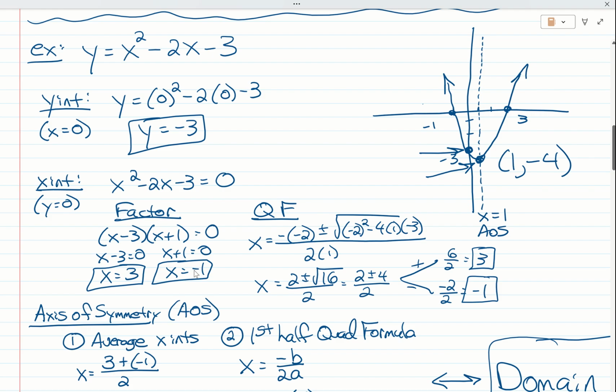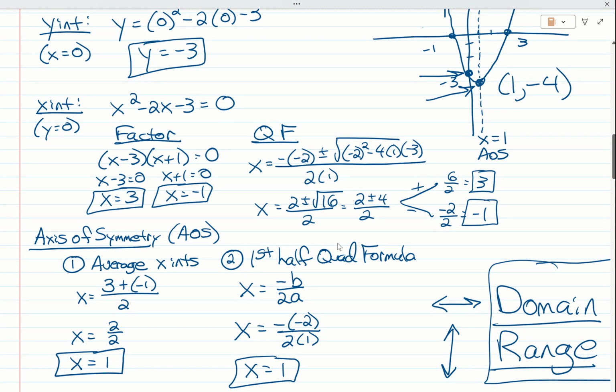But if the problem doesn't factor, meaning you can't find two numbers that multiply to be the first and the last, and also add up to be the middle, we always have a backup plan called the quadratic formula. So you can see here we got the same exact answer doing both of those. The axis of symmetry we could find by averaging the x values. Just take the two x values, add them up, divide by 2.